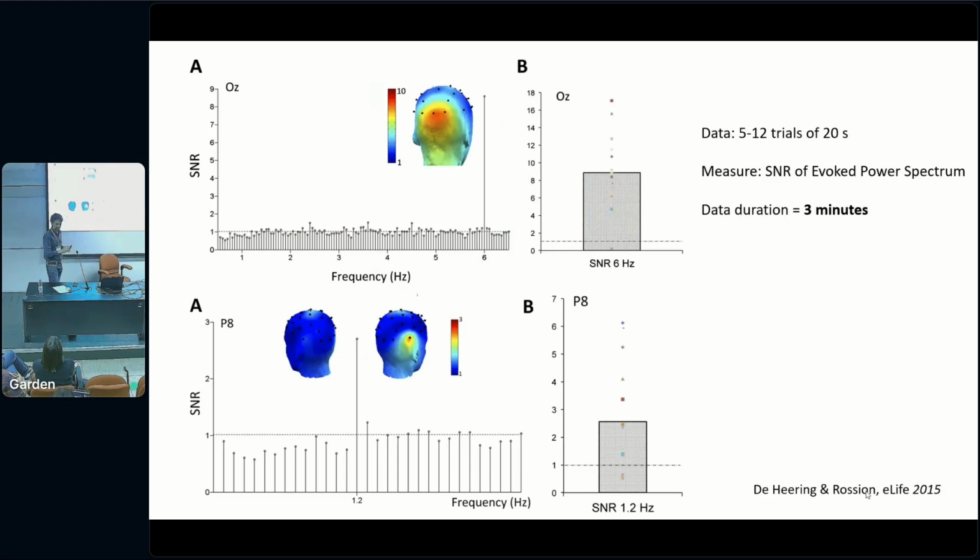Anyway, this is to show you that frequency tagging in a single block and in 3 minutes of experiment, because this is the average time that infants were attentive to the stimulation, is able to dissociate a visual response from a very specific response.